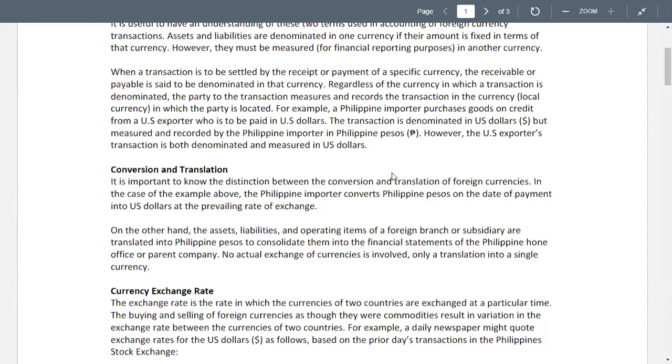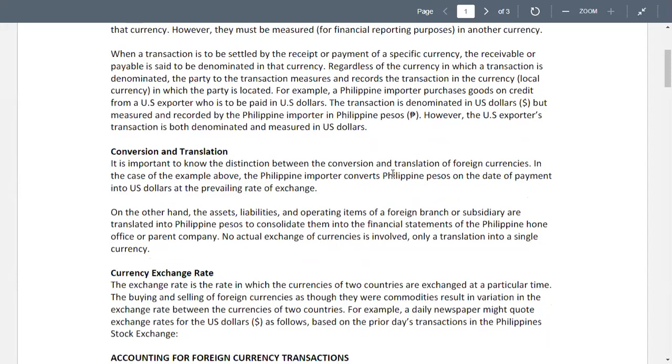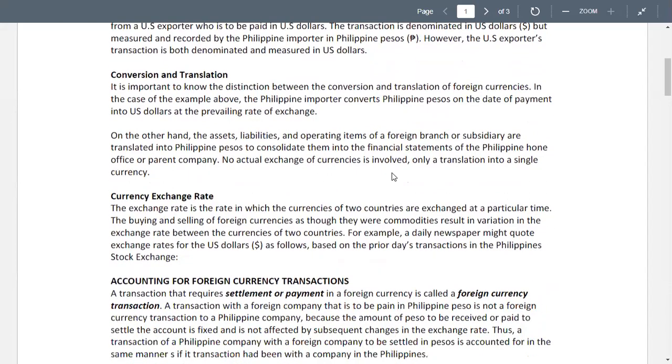So now we have to consider the current exchange rate. The exchange rate is the rate at which the currencies of two countries are exchanged at a particular time. The buying and selling of foreign currencies as though they were commodities result in variation in the exchange rate between the currencies of two countries.